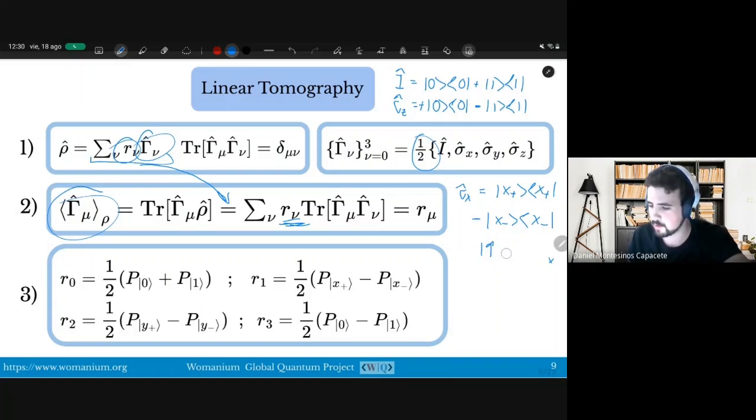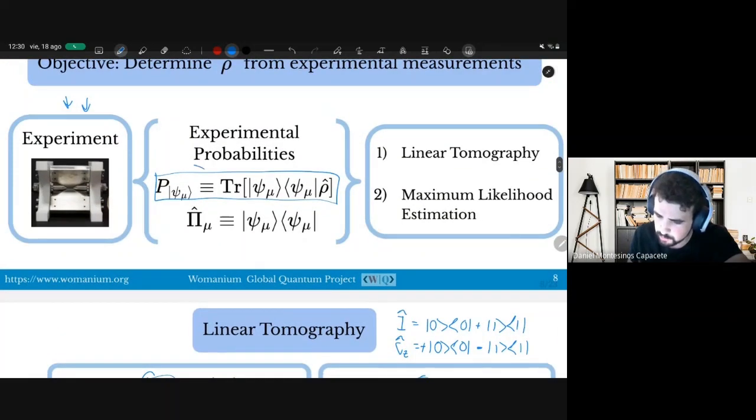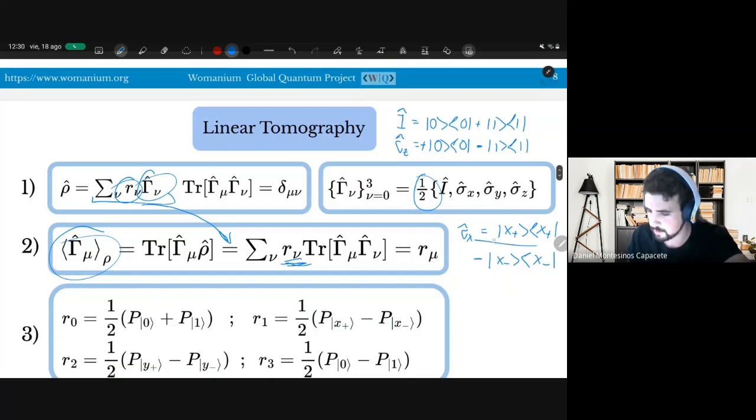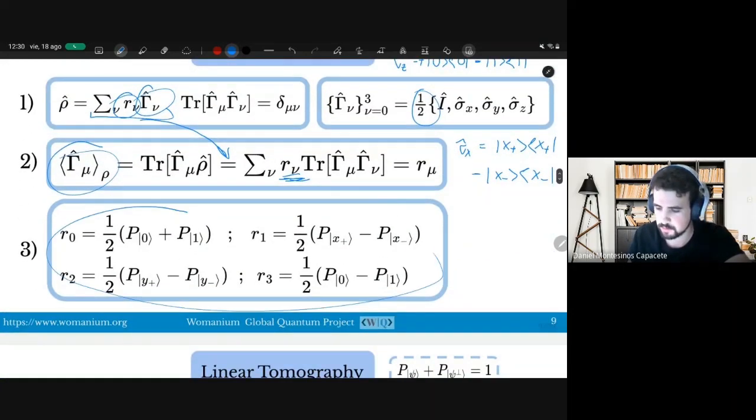So you can write these operators in this way. Using this relation, writing this in this form, we can get to these equations here, where I have explicitly written the relation for every coefficient. We have just 4 coefficients.